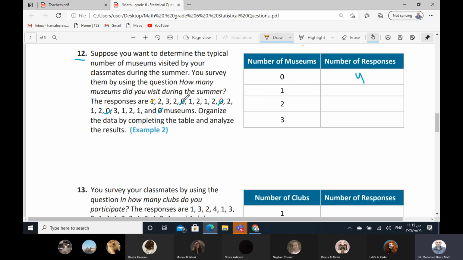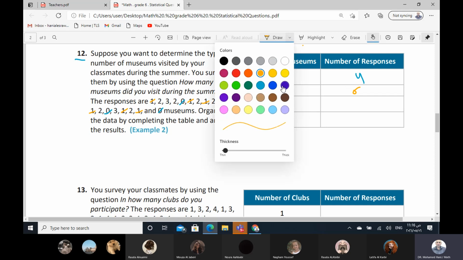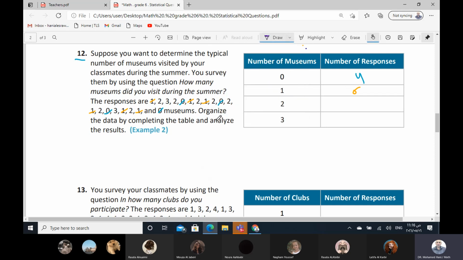We have here 1, 2, 3, 4, 5, 6. Then here 2. We have here 1, 2, 3, 4, 5, 6, 7.